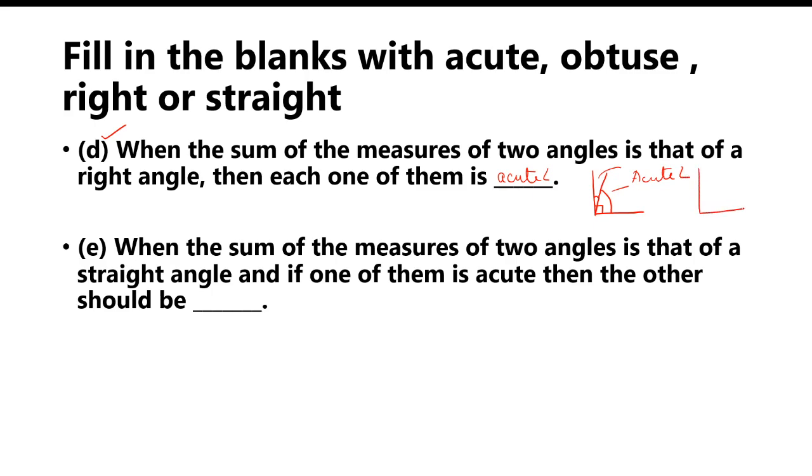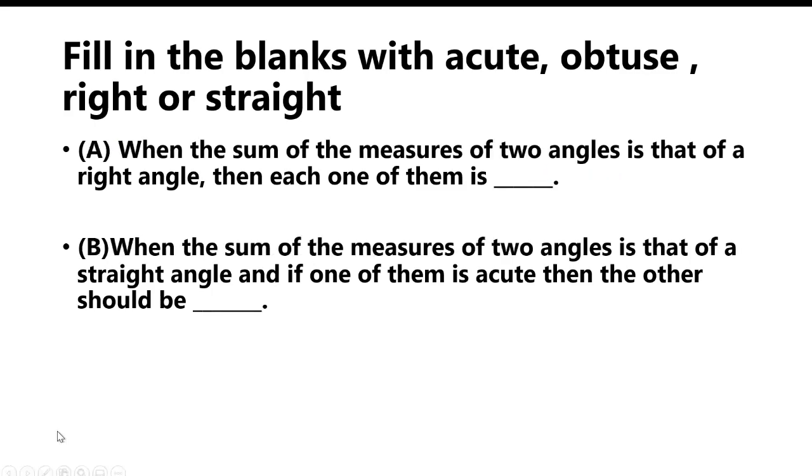One more example I am giving. Again this is 90-degree. Now here I am making two angles. Now you can see this angle and this angle both are acute angles, okay. So here your answer will be acute angle.